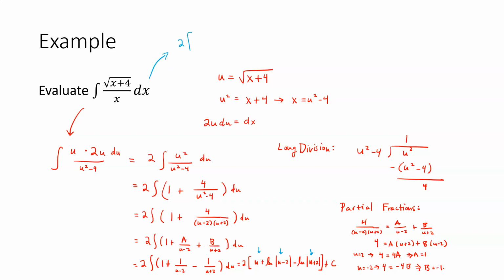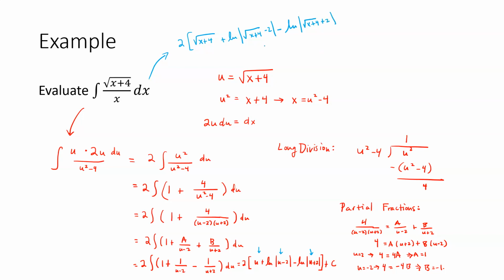It'll be 2 times square root of x plus 4 plus ln of square root of x plus 4 minus 2, minus ln of the square root of x plus 4 plus 2.